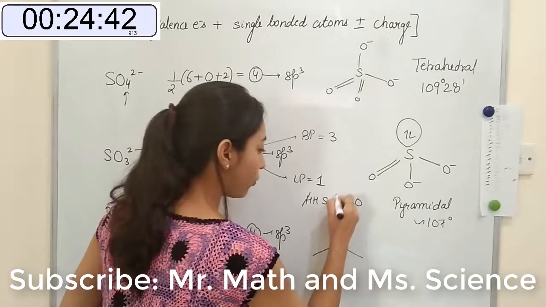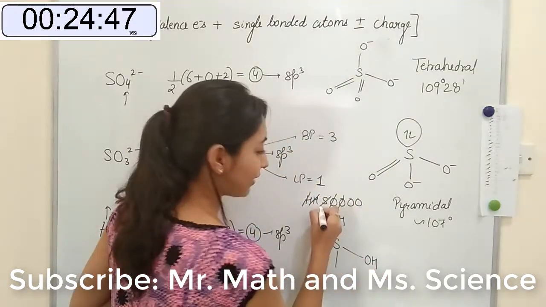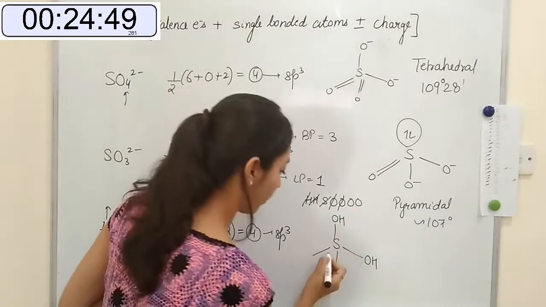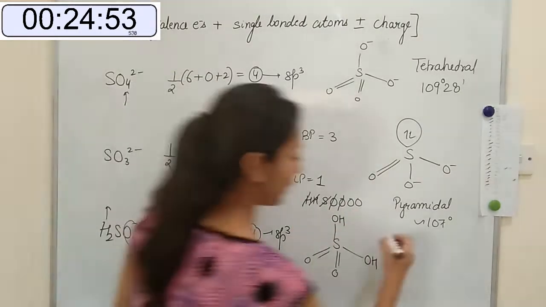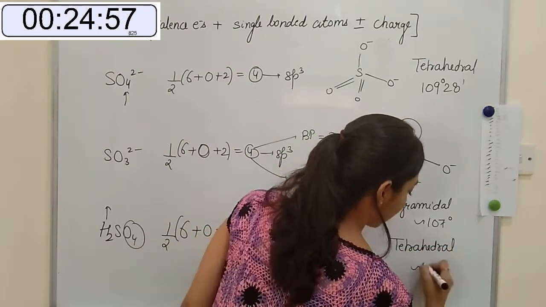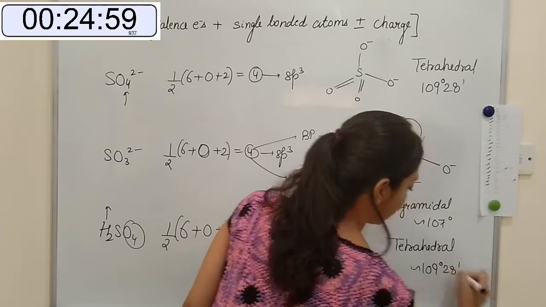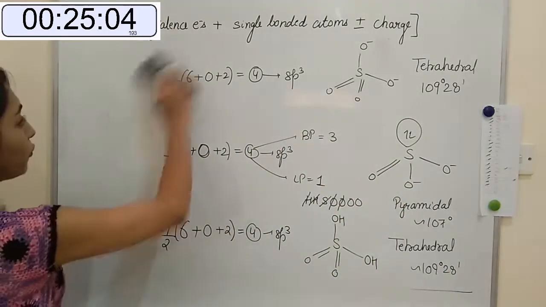Now one O goes with one H, the other H goes with the other O, and sulfur is already there. Now form double bonds with oxygen. Okay, so this is H2SO4. Again the shape is tetrahedral and the bond angle is 109 degrees 28 minutes. Done. So this is done. Let us move to other questions now.